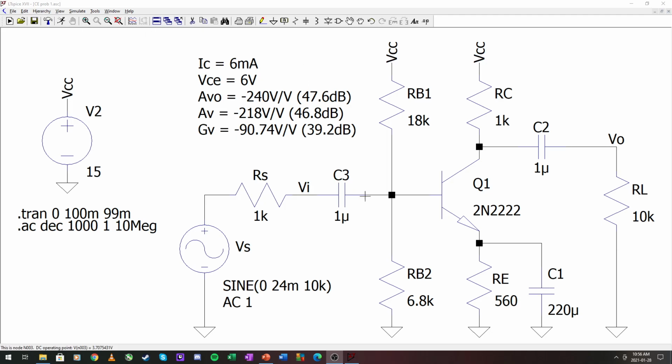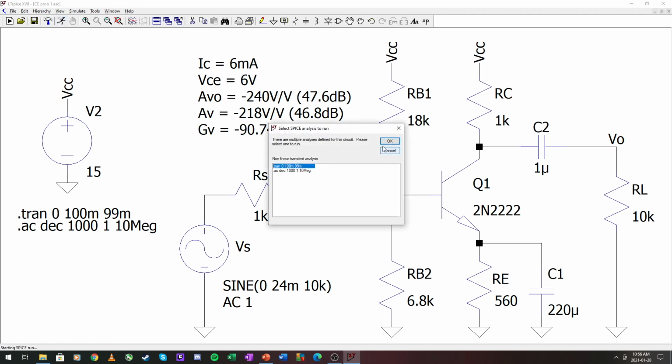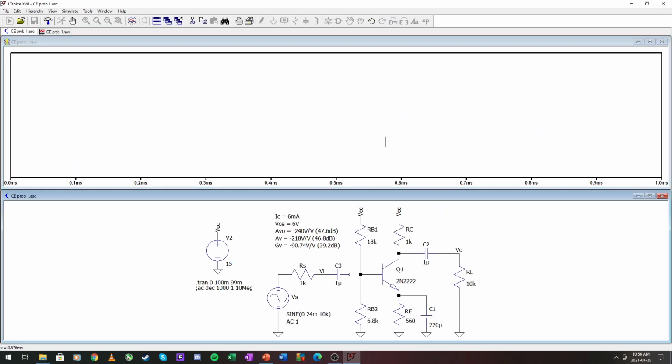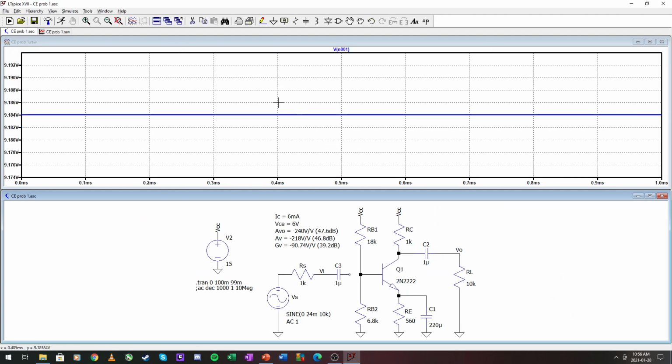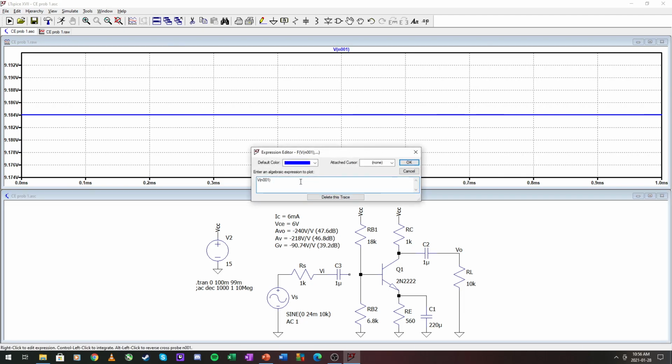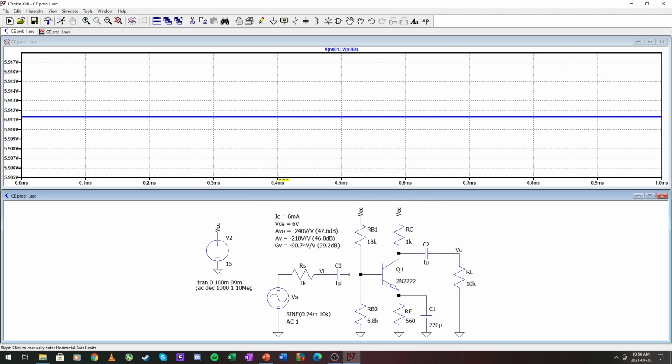So let's start by checking the DC characteristics first. 5.8 milliamperes, that is close to the 6 that we designed for. And we just subtract the node at the bottom here, that is close to the 6 volts that we designed for.